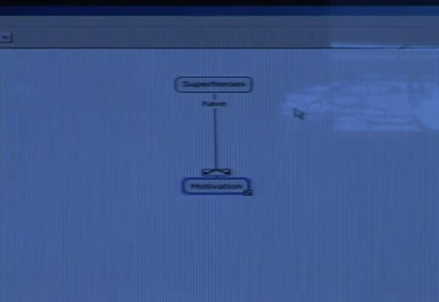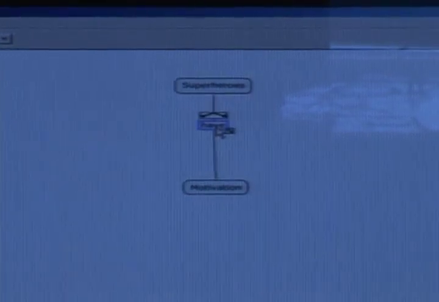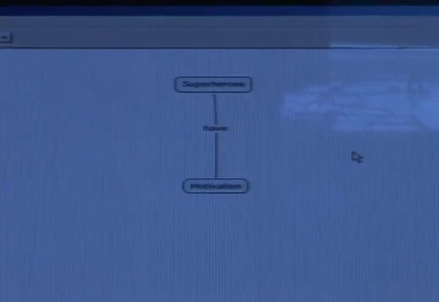So this is actually the CMAP software. Concept mapping practice is to put a word that links those two concepts together. So we'll just say that superheroes have particular motivations. If you want to move things around, you can simply click on them and drag. By default, there are no arrows, and I like there to be arrows.